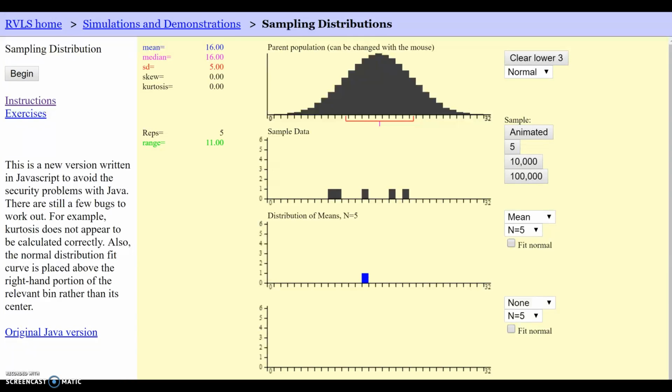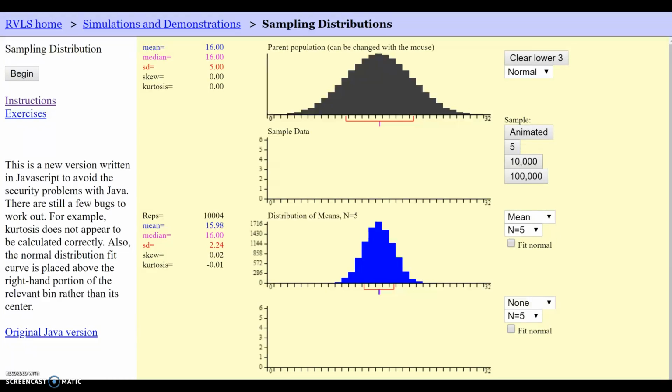So I got 5 samples and I calculated a mean, that's in blue right here. I can continue getting a whole bunch of different samples of 5, and get all of their means. Get another mean, do another 5, get another mean, and I do this many different times. If I do this 10,000 times, what I'm going to get is a normal distribution.